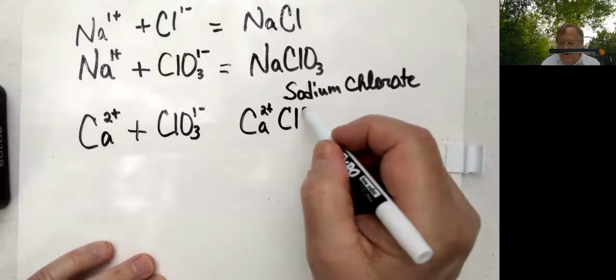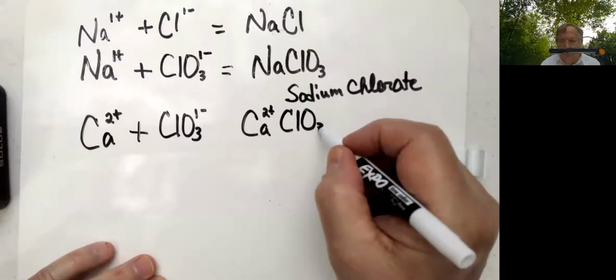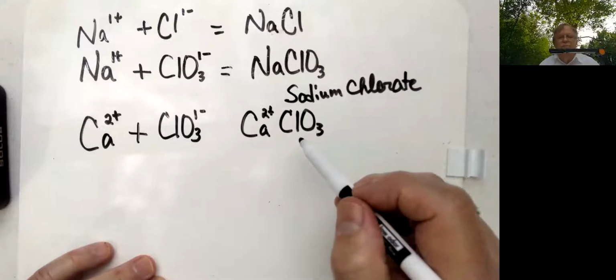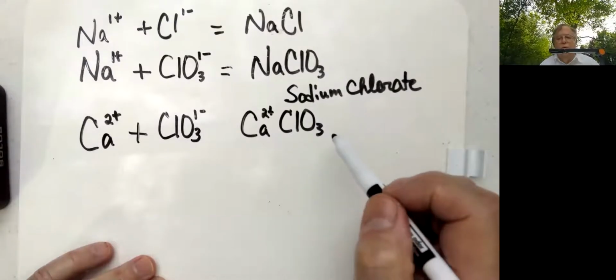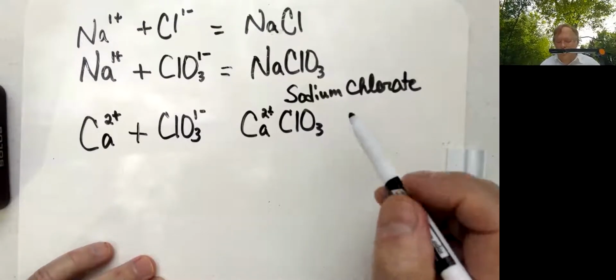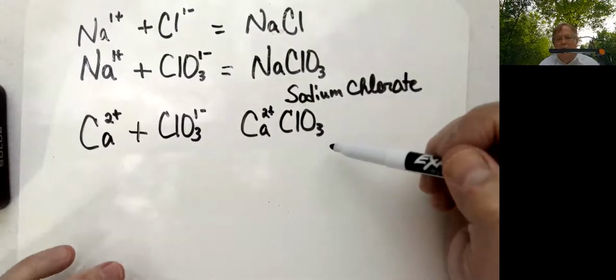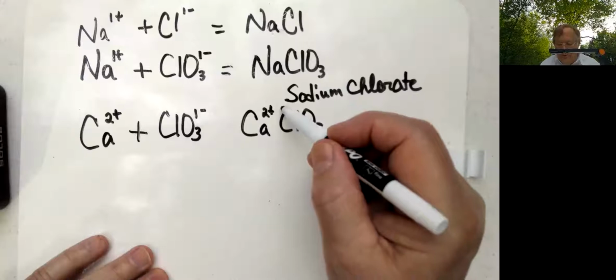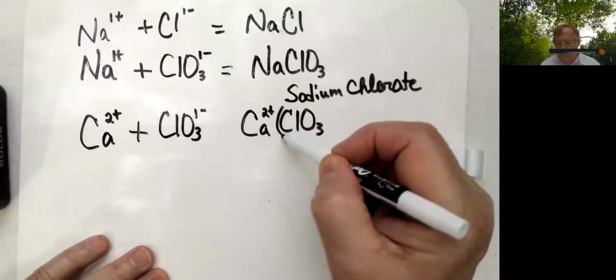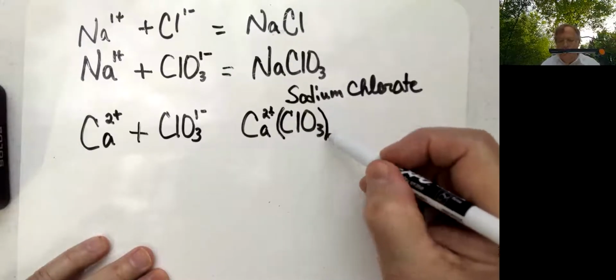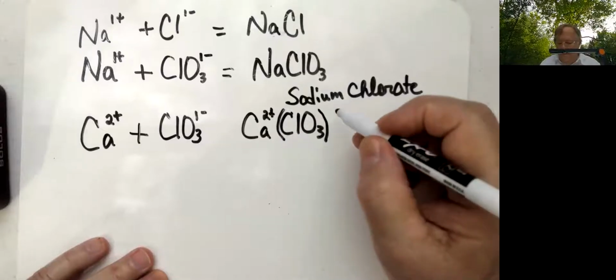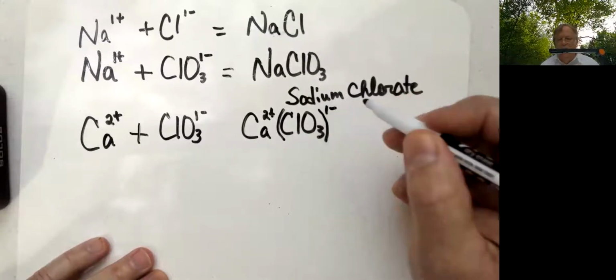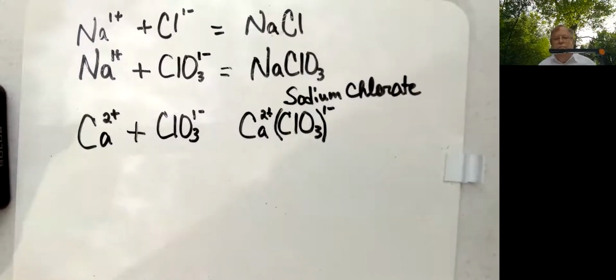You got to do something. This is kind of like training wheels. You got to do something to teach yourself to ignore that 3 right there. You can't not write it. You have to write it, but you don't want to look at that 3 when you're balancing charge. So put a parentheses around it, and then put a negative 1 on the outside.